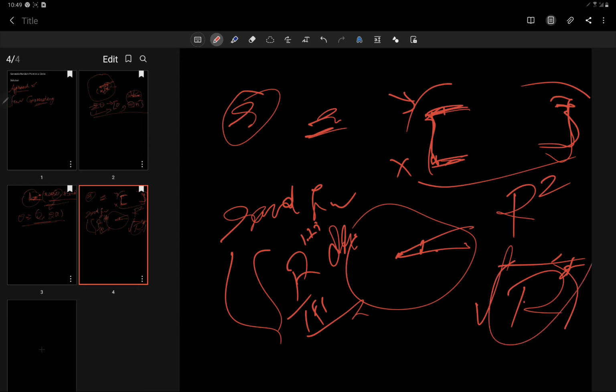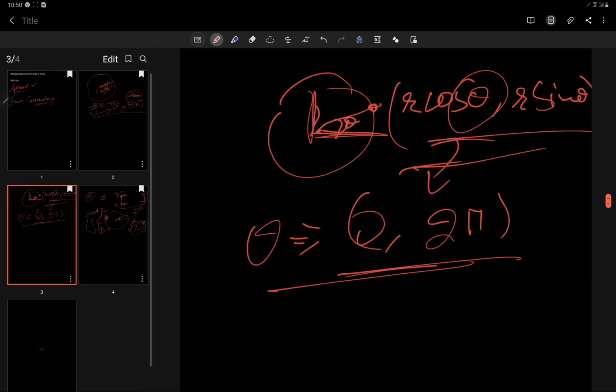So in this case we are just taking the random number and multiplying it with 2 pi.